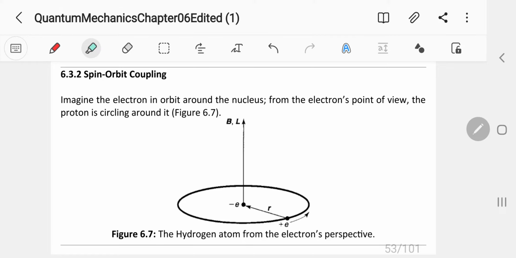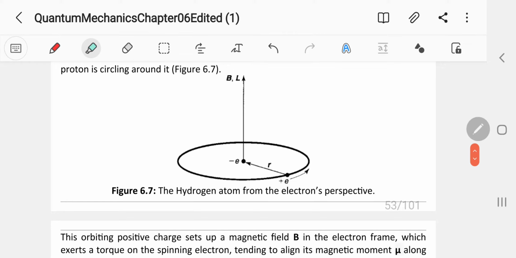So this is the hydrogen atom from the electron's perspective. It is the proton that is revolving around it, giving it an angular momentum L, and setting up a magnetic field in the electron's frame.